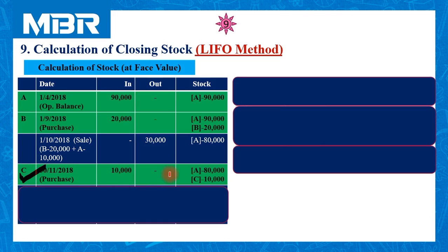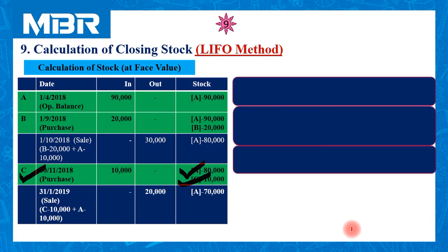So there are two different lots available in stock, A for 80,000 and C for 10,000. So now the last lot of inventory is 10,000 because we have purchased it on November 30.